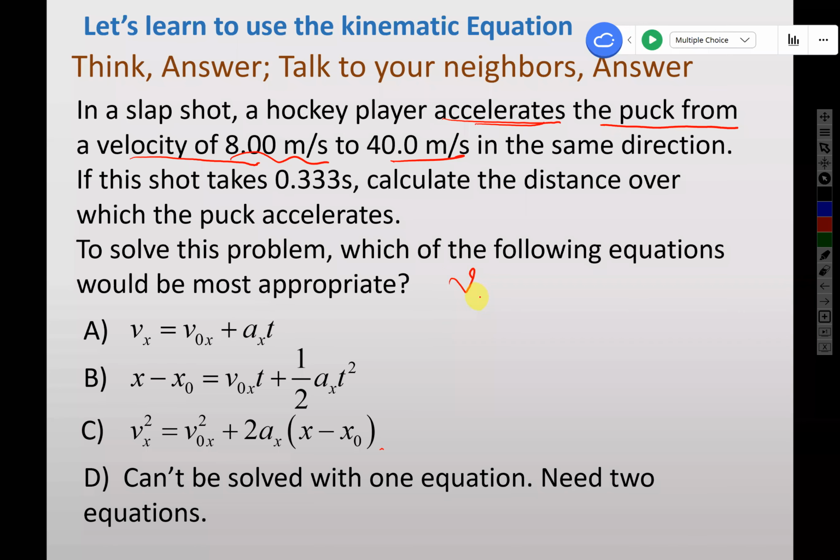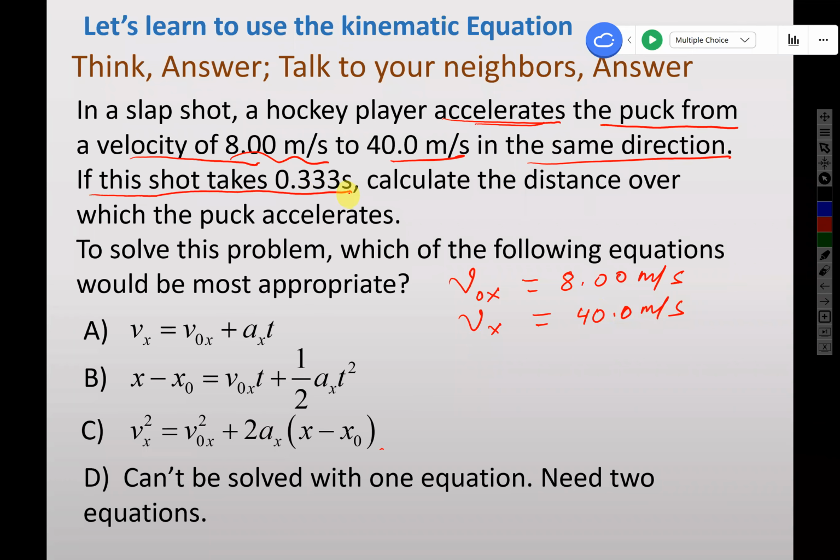Those are velocities. Right. So initial velocity is 8 meters per second, and final velocity, based on this notation, we are just writing v_x, 40 meters per second, right? So now it says in the same direction, if this shot takes that many seconds, that means that's a time interval. We are just writing t here.